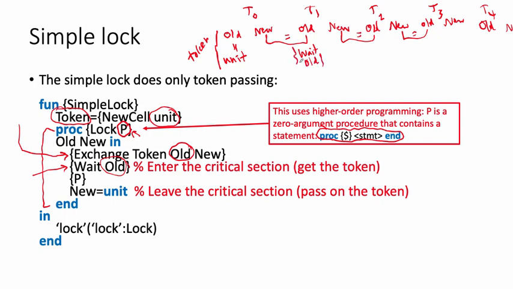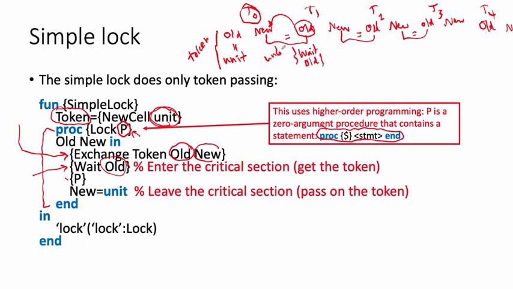So the first thread that comes in, T0, gets the old value, which is equal to unit. It's very happy because he has the token, and he goes in and executes P. Now the second thread will try to get in, but he will get the old value, which is equal to the new value of the first one, which is going to be unbound.